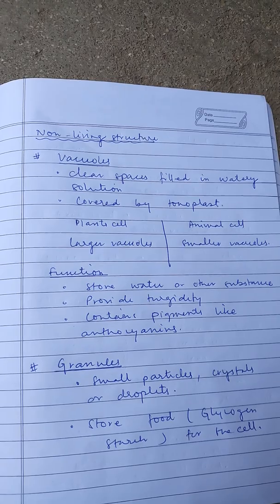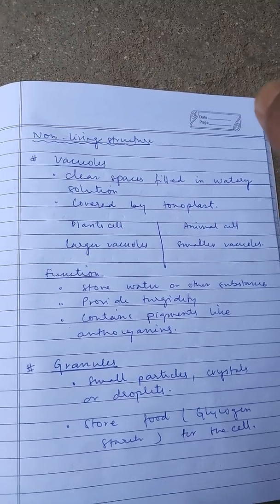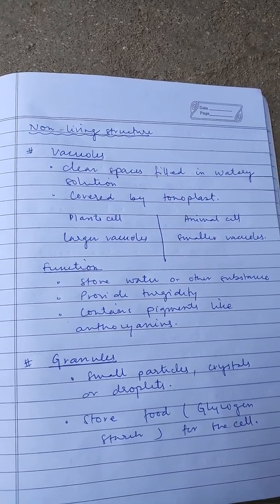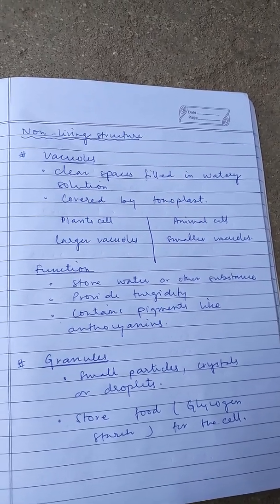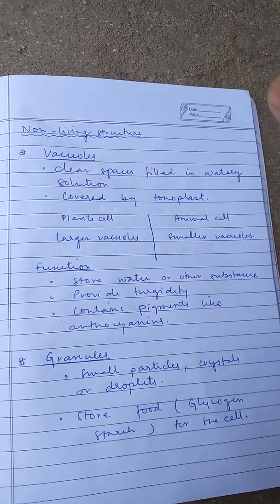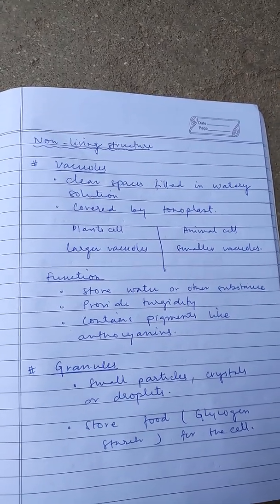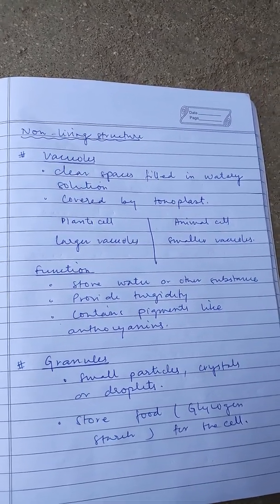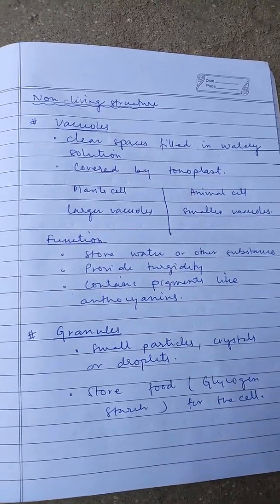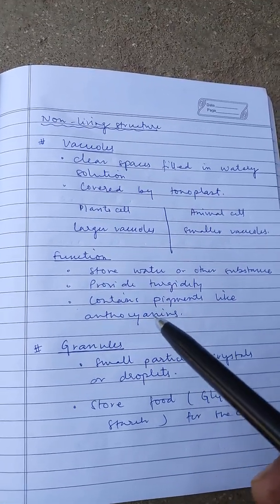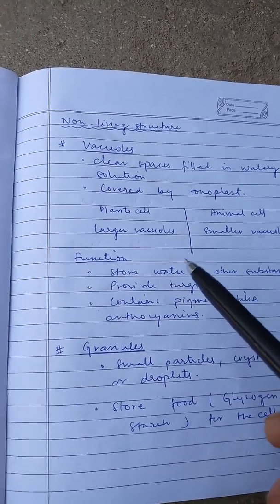They also contain certain minerals that help in various processes, for example, intake of water from the soil by the roots. It is the vacuole which contains minerals, a sort of solution that helps in the absorption of water. It contains pigments like anthocyanin.